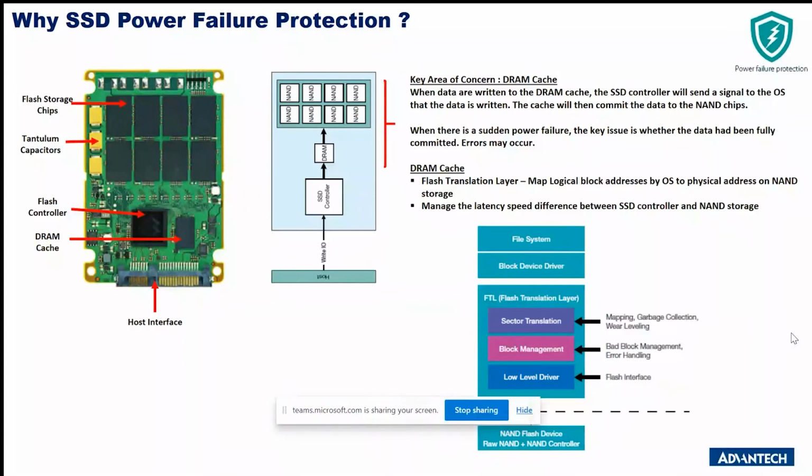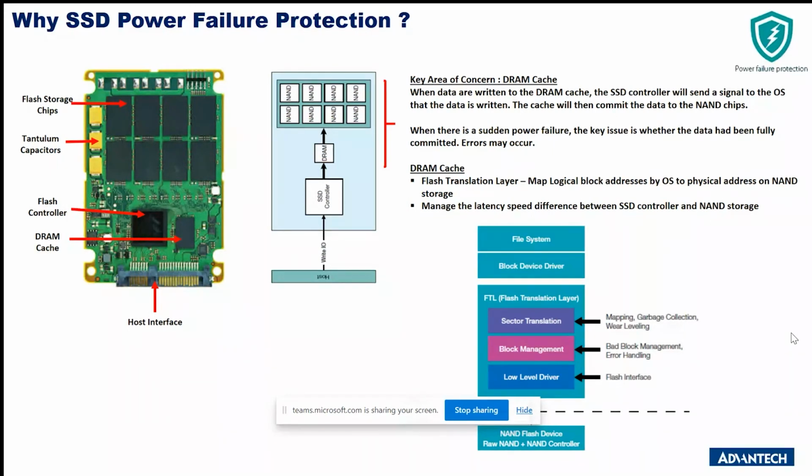What you see here is a basic architecture of a flash drive. There is a DRAM cache and also a controller, the interface to the motherboard. Once the data is sent, it can be quite fast, and it can also use the cache to regulate the speed.